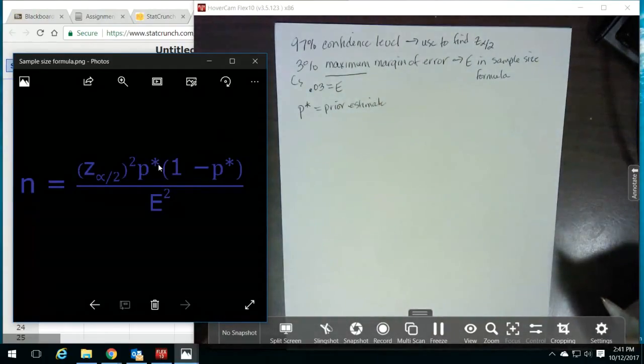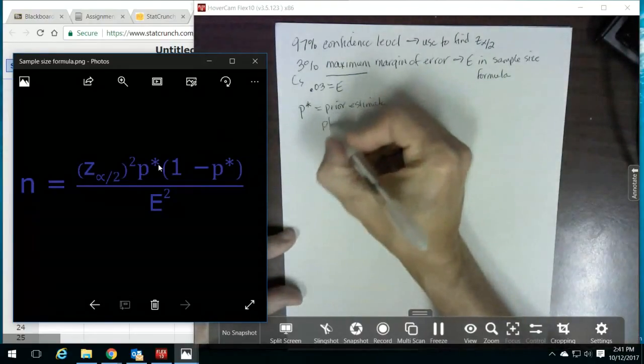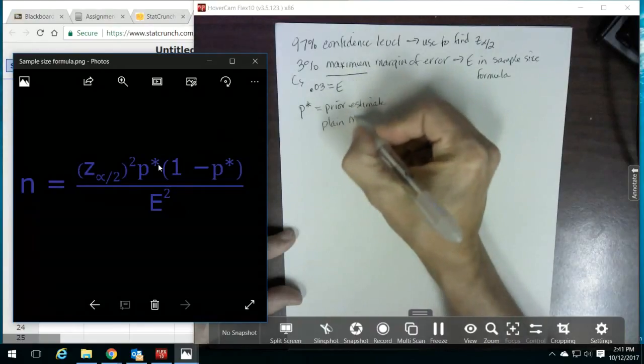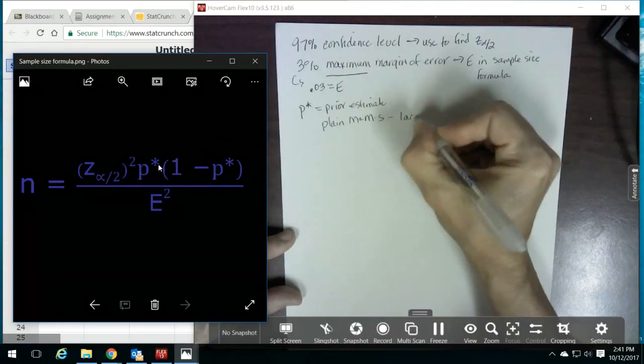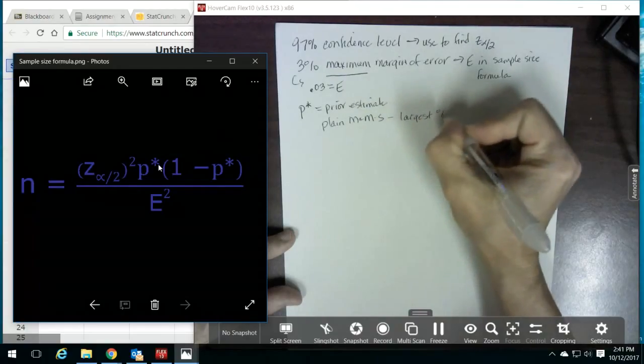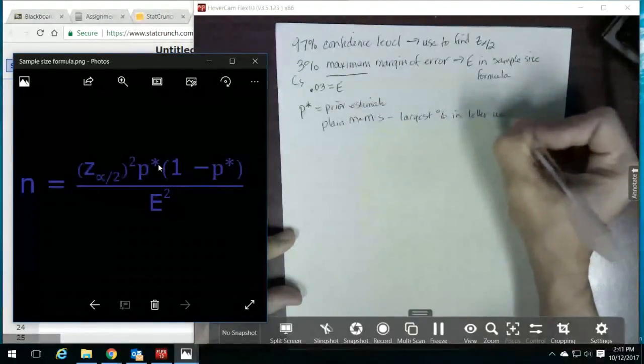So for this, I'm going to look at my Mars Company letter, and for the variety of M&Ms I chose, which in my case was plain M&Ms, I'm going to look in that letter and see what the biggest percentage was for any of the colors. So for me, for the plain M&Ms, the largest percentage listed in the letter was 24%.